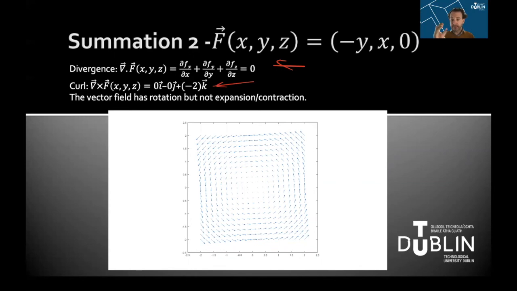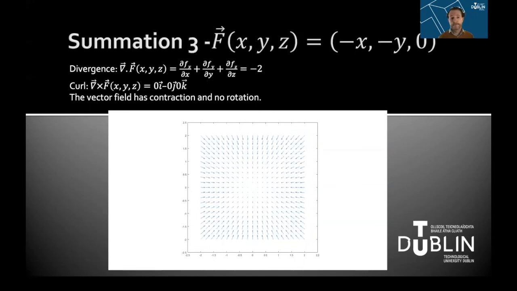So it has a rotation around the z-axis, but no expansion or contraction. Now, minus x, minus y, z is 0. That gives us a divergence of minus 2, a rotation of 0, 0, 0. So there is contraction, but no rotation.